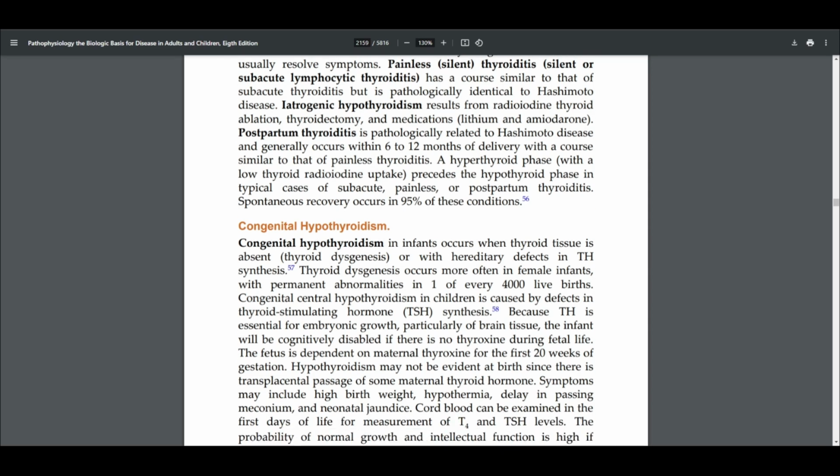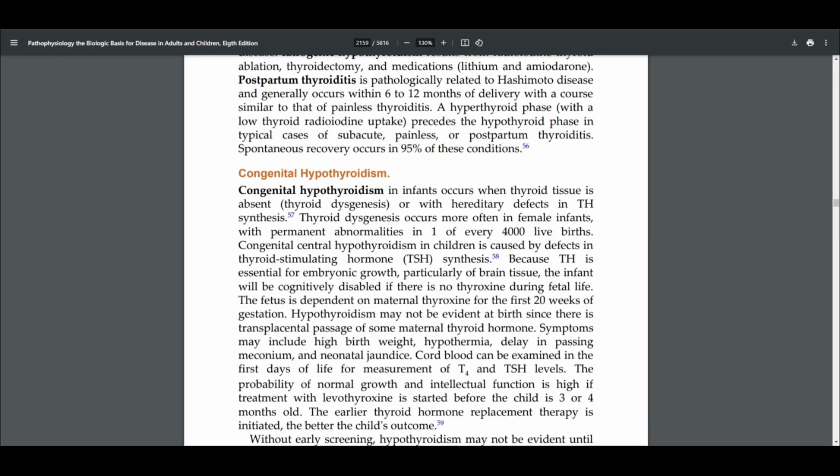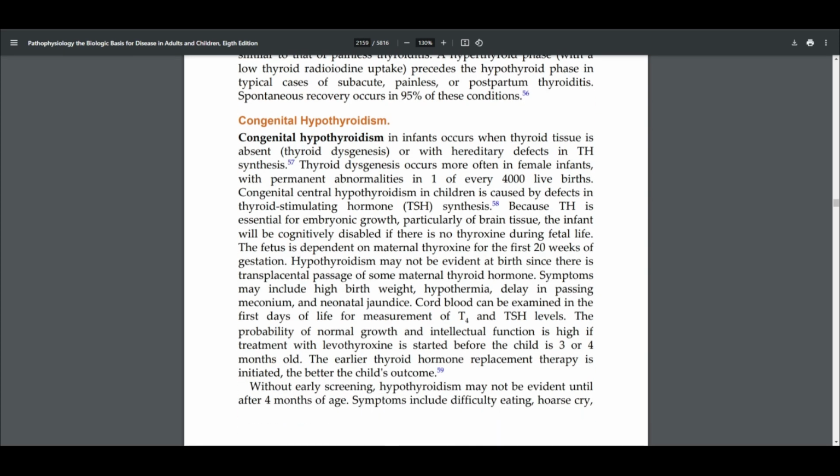Postpartum thyroiditis is pathologically related to Hashimoto disease and generally occurs within 6 to 12 months of delivery with a course similar to that of painless thyroiditis. A hyperthyroid phase with a low thyroid radioiodine uptake precedes the hypothyroid phase in typical cases of subacute painless or postpartum thyroiditis. Spontaneous recovery occurs 95% of the time, or 95% of these conditions.